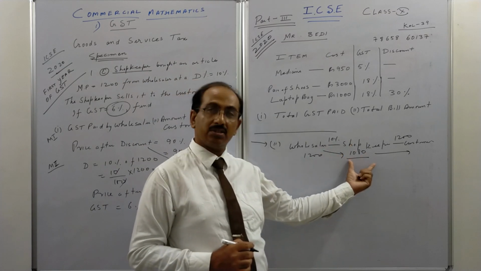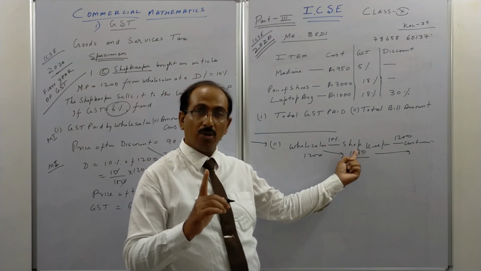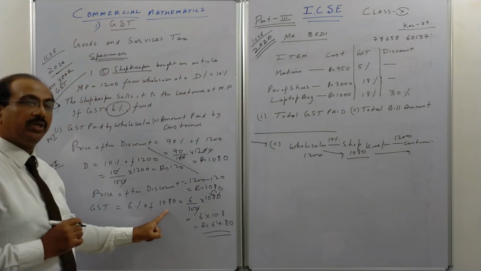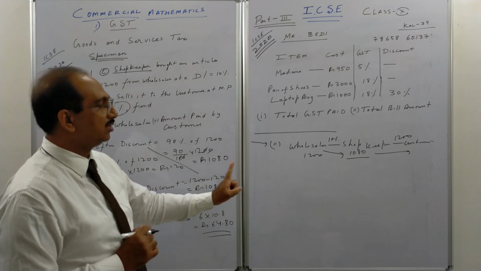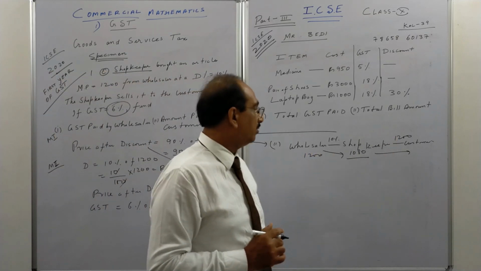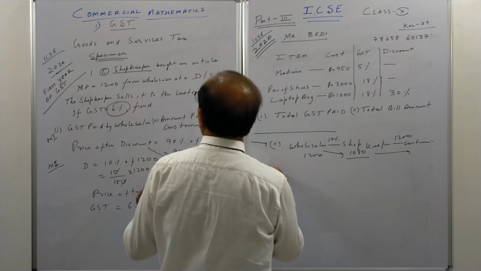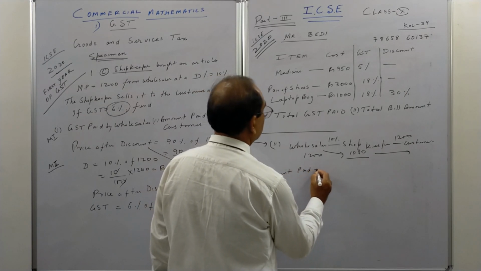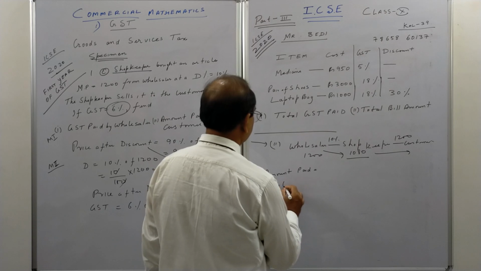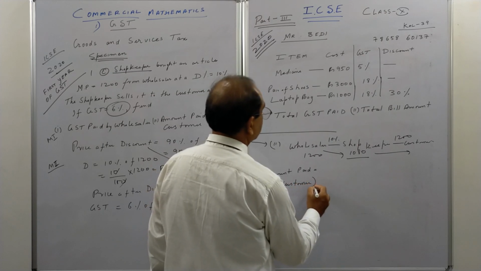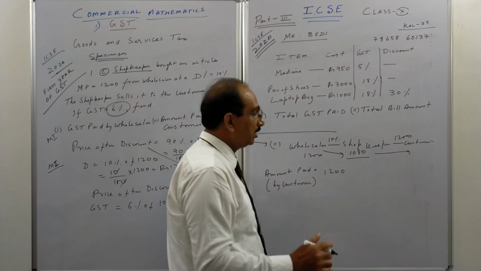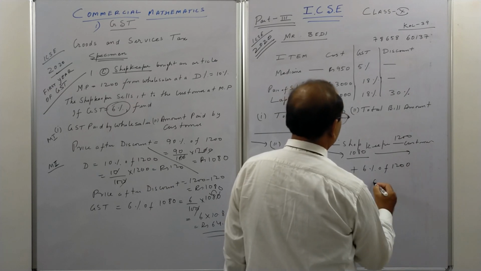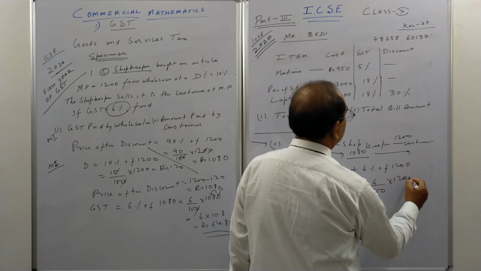1200 is written, he gets it for a discount. So CP of the shopkeeper is SP of the wholesaler. So SP of the wholesaler here is 1080, he pays 6%, and the customer pays 1200. So the amount paid by the customer is 1200, it does not get any discount, plus 6% of 1200. 6 by 100 into 1200.